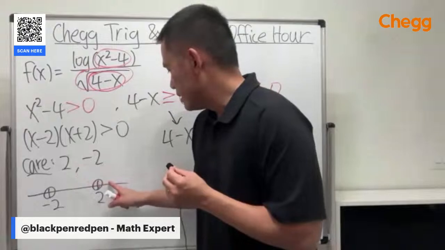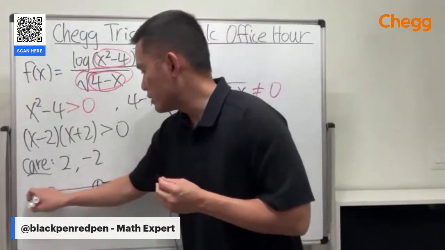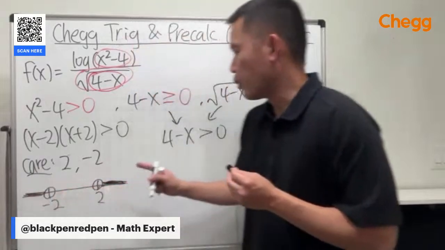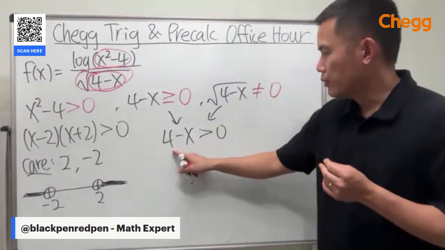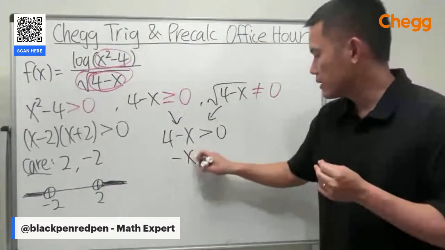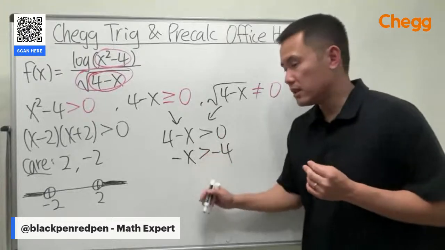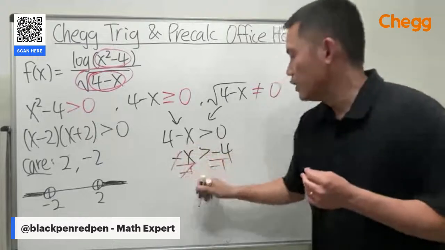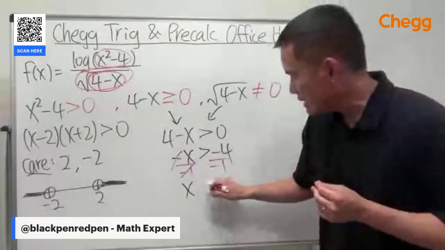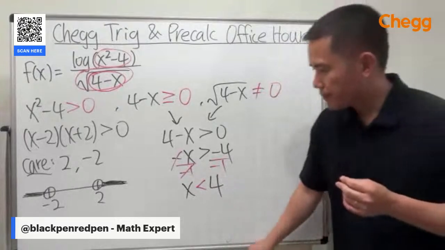But anyway, so you will get this right here being positive, this right here being negative, and this right here being positive. So these two portions are the ones that we need. Now, for this, you move the 4 to the other side. Do not switch the inequality yet. Right now, after you divide both sides by negative 1, you switch. x is less than positive 4.